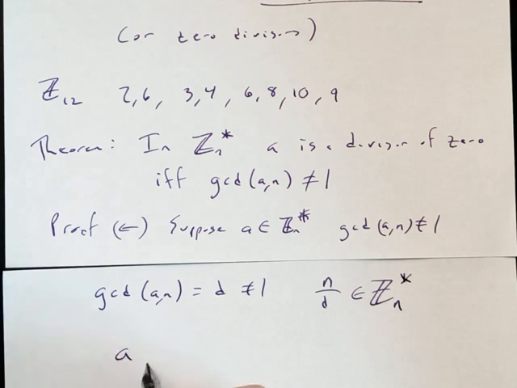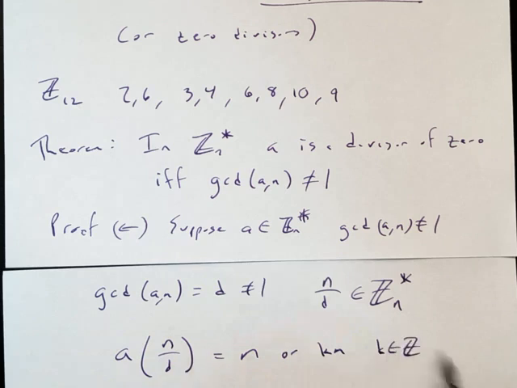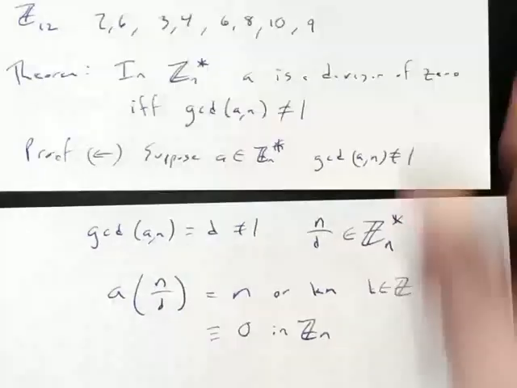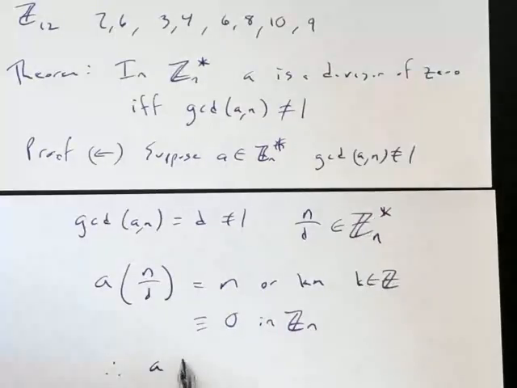That means if I do A times that number, I get N, or maybe some multiple of N, right? Wait a minute. That's congruent to 0 in Zn, which means A is a divisor of 0. I found the thing to multiply by that will give me 0.